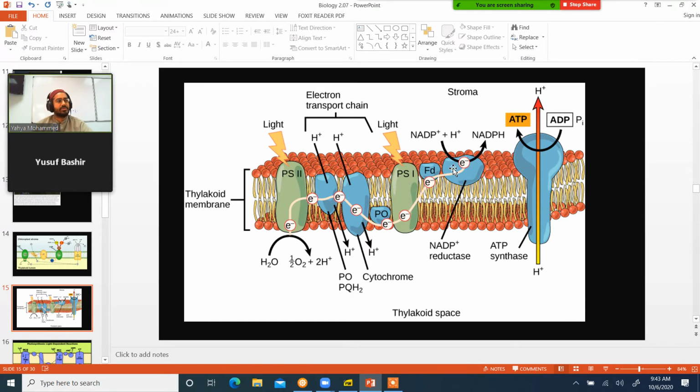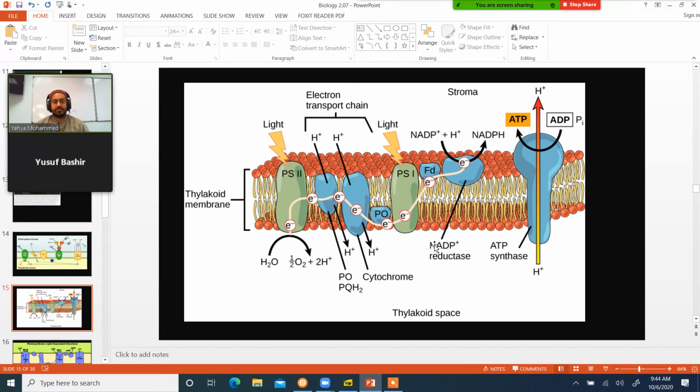I guess one thing is that they provide a good surface area. If you have a whole bunch of these little plates all over the place, that provides a lot of surface area for a lot more of these sets of proteins to be put. So maybe that's one thing.